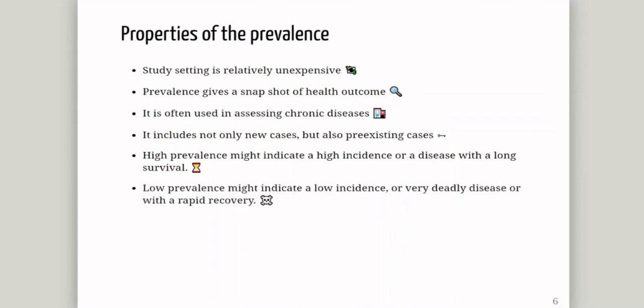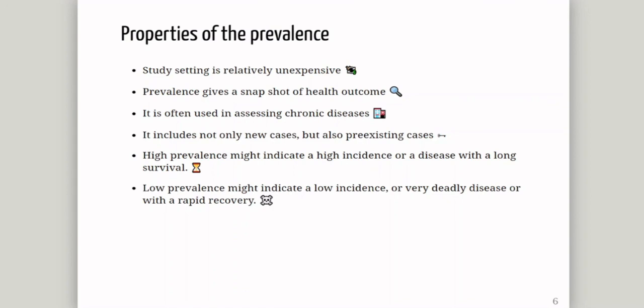On the other hand, a low prevalence may indicate either we have a low incidence or a deadly disease, or a rapid recovery. A rapid recovery can be, for instance, a common cold, from which over a week or two you might be recovered, or it can be a very deadly disease, which can be a poison or something very infectious and deadly.